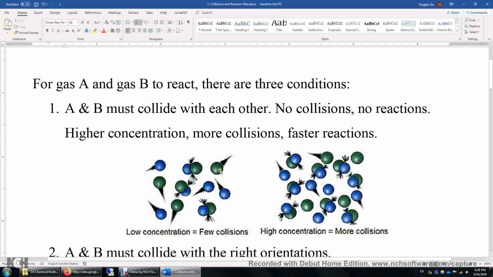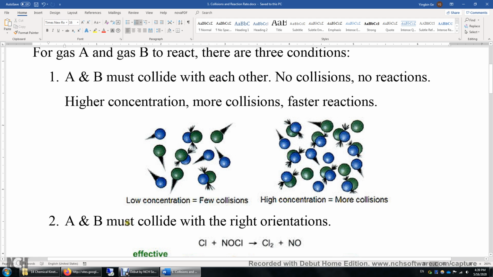And over here, we have lower concentrations, fewer collisions, and lower reaction rate. So again, the collisional frequency is important, and that's proportional to the concentration of A and the concentration of B.